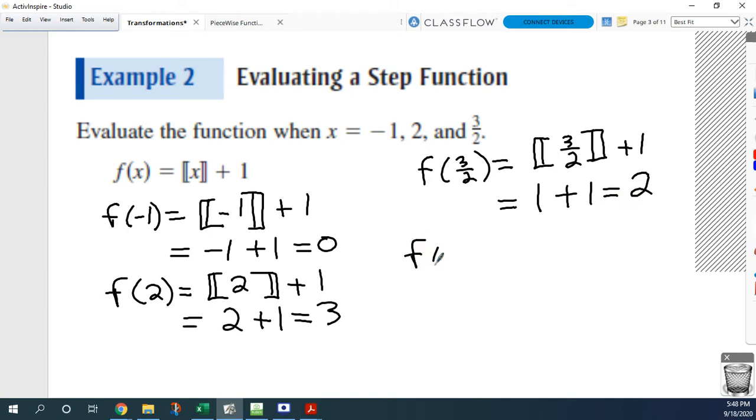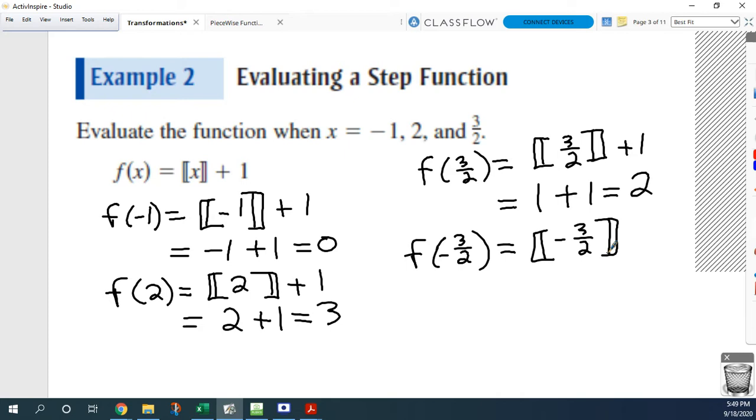Now, it doesn't ask us to find this, but I want us to think about what happens if it was a negative. If I had negative 3/2, notice that would be negative 1.5. We still have to have the biggest integer that is less than or equal to negative 3/2. Be careful, because a lot of people's first instinct is to say -1.